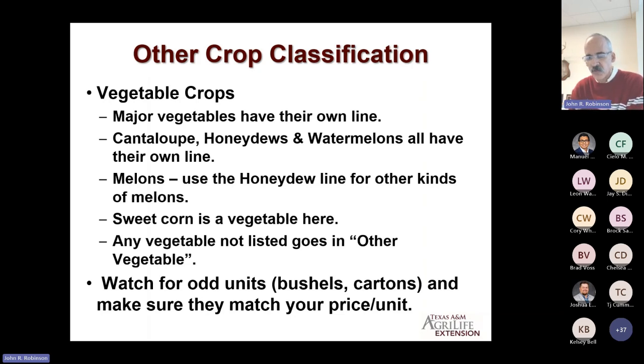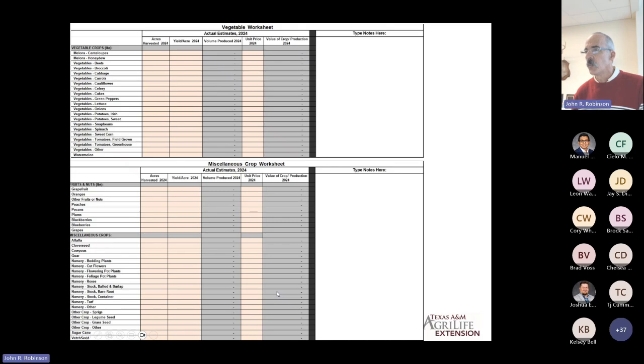So just be careful when somebody says, yeah, the yield is 7 cartons per acre or 70 cartons per acre. Make sure you know what a carton is, and make sure that the price you get matches the per unit yield. And these are what those worksheets look like.